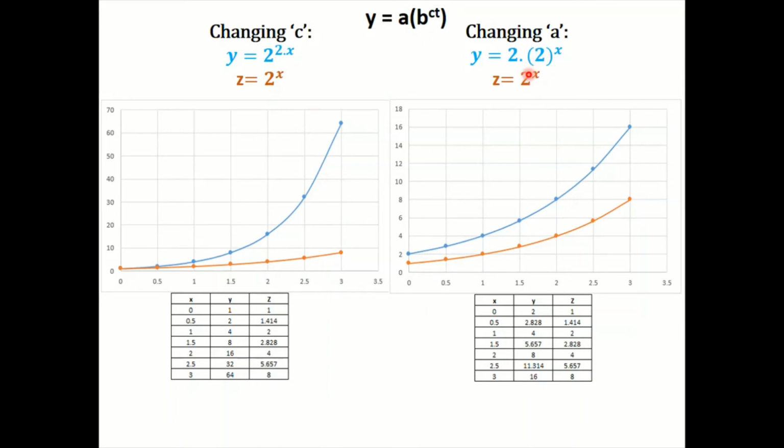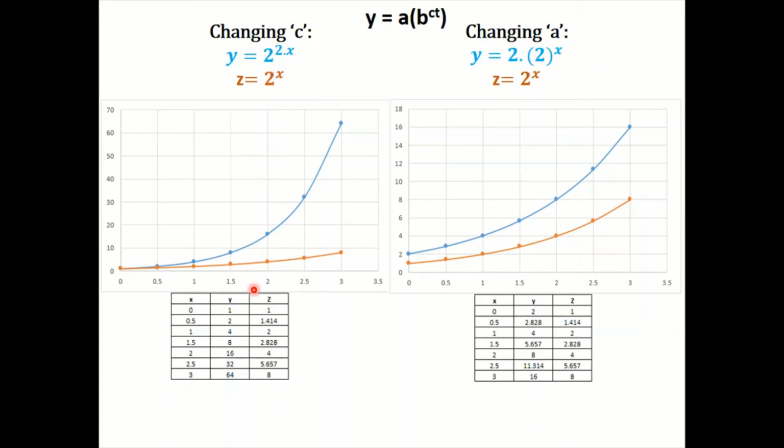All that we change on the left-hand side is the value of c, and on the right-hand side we change the value of a. If we look at changing the value of c for this exponential function, the value of c is 2, and here the value of c would be 1.